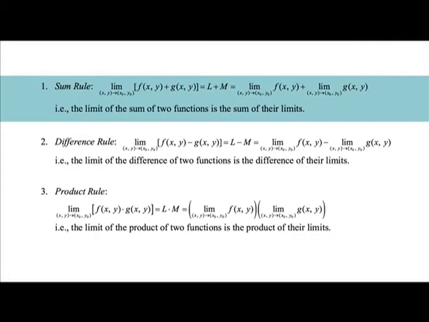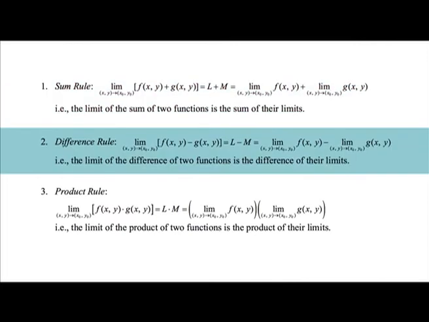Sum rule: the limit as (x,y) approaches (x0,y0) of f(x,y) + g(x,y) is equal to L + m, which is equal to the limit of f(x,y) plus the limit of g(x,y). That is, the limit of the sum of two functions is the sum of their limits.